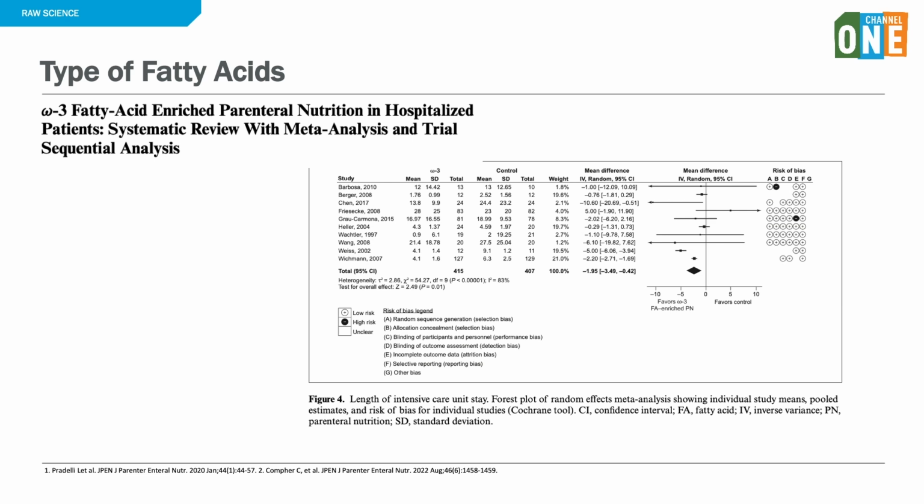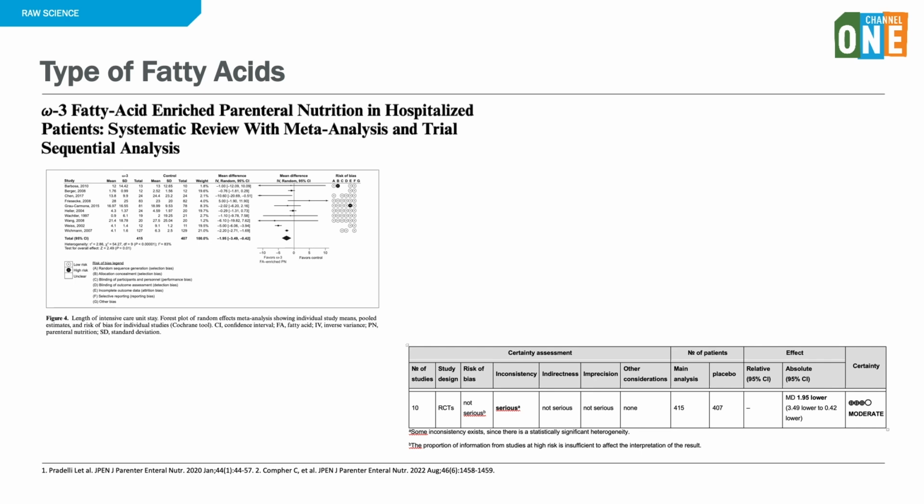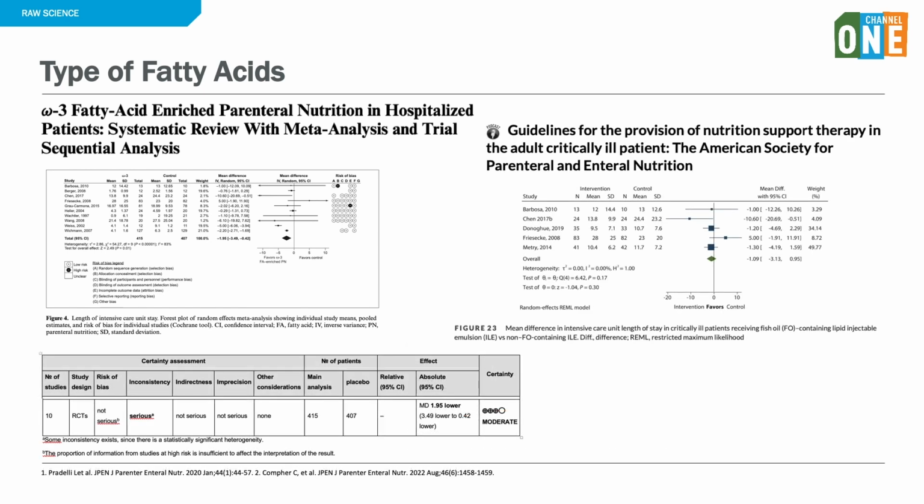However, this meta-analysis should also be regarded with some caution, because when you look at the supplemental data, you see that there was a lot of inconsistency in all of the trials that were included. And actually, in another meta-analysis, the meta-analysis of the ASPEN Society, who wrote the guidelines afterwards, they did not see a difference in the length of stay in the ICU when comparing omega-3 fatty acids.